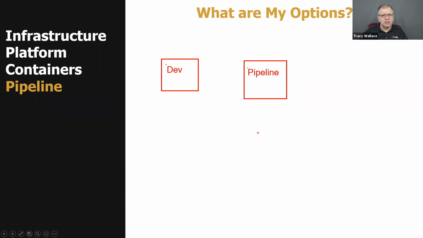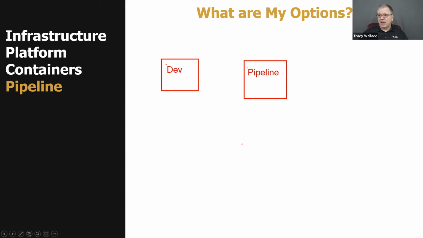CI/CD, I'm sorry, continuous integration, continuous deployment, or continuous delivery, depending on what you're doing. It's standard concepts that are generally associated with DevOps. I hate when people start throwing out acronyms and they don't explain them. So there we go. I've caught myself. You're welcome, or I'm welcome.